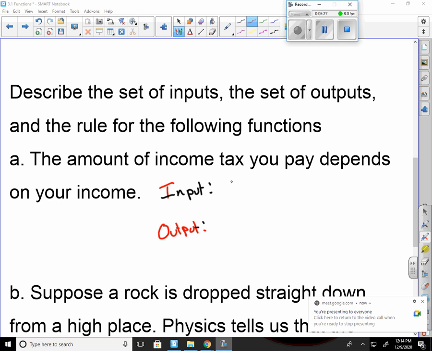Our input for this function, so the amount of income tax that we pay depends on the income. So how much our input determines our output, which is how much we would pay. So our input is our income. Our output is our tax. I don't know why I wrote tan. The word is tax.